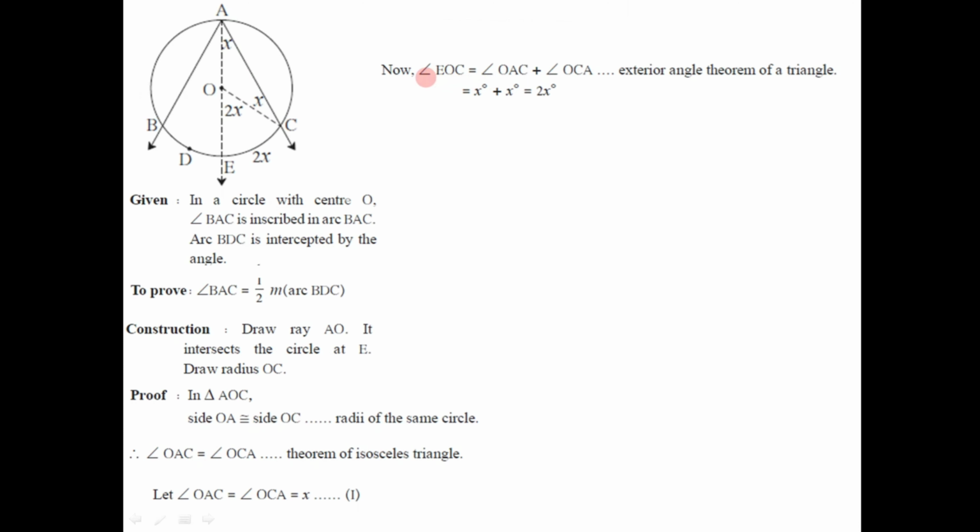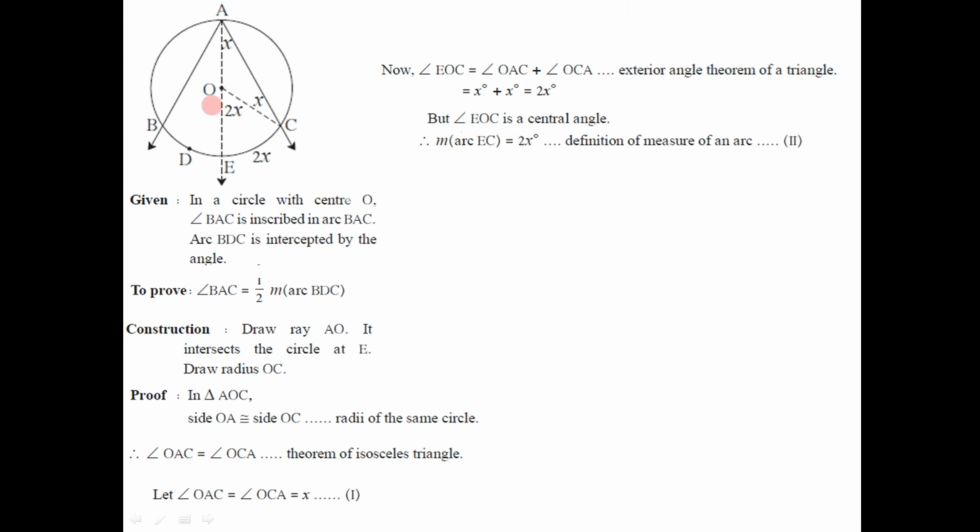That's why we have written here angle EOC is equal to angle OAC plus angle OCA, and we have supposed the measures of these two angles to be x. That's why we get x degrees plus x degrees, that is equal to 2x degrees. So the measure of angle EOC is equal to 2x degrees.